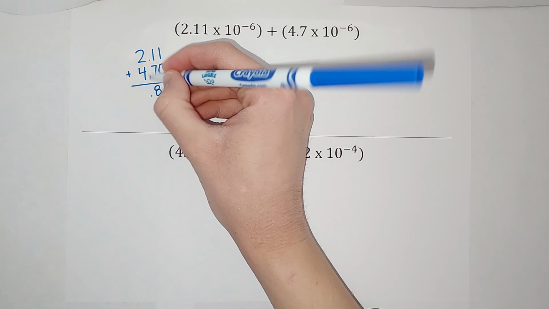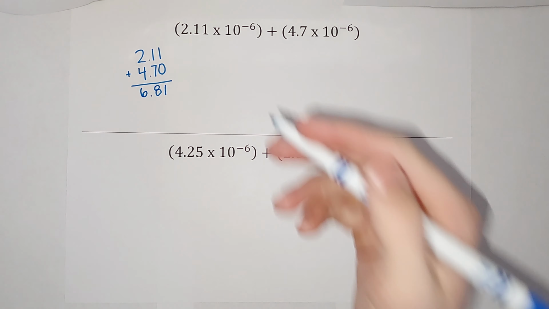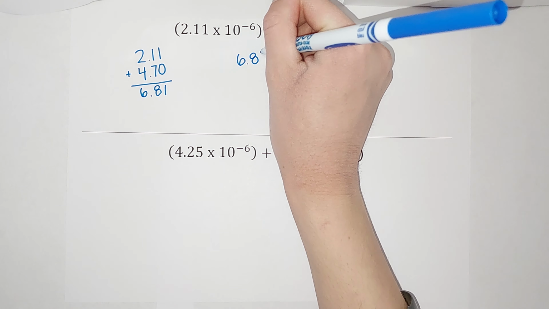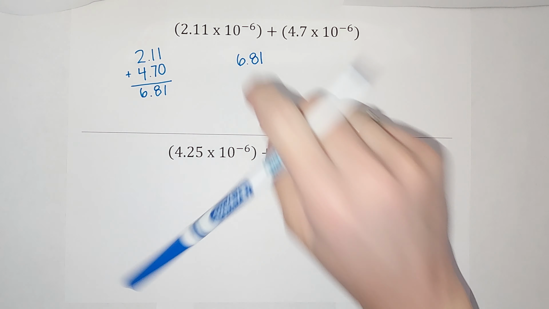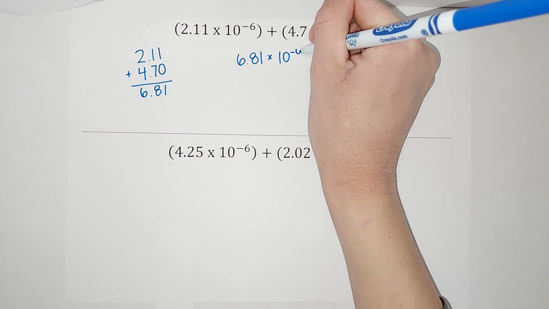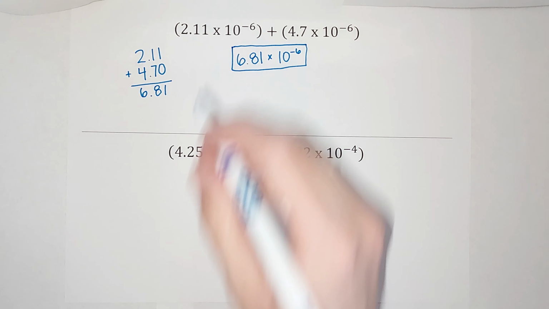I drop that decimal down, and 4 plus 2 gives me 6, okay? So I've got 6.81 times 10 to the negative 6th power. Whoa, that wasn't too bad, right? Not too bad at all.